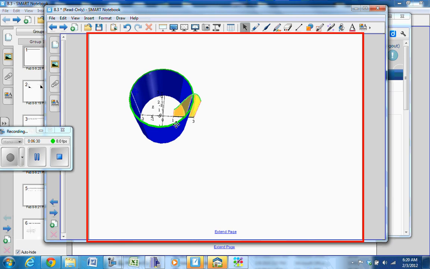And the hope from this image is that you get a very strong picture that by rotating it, the result is a cylindrical shell.